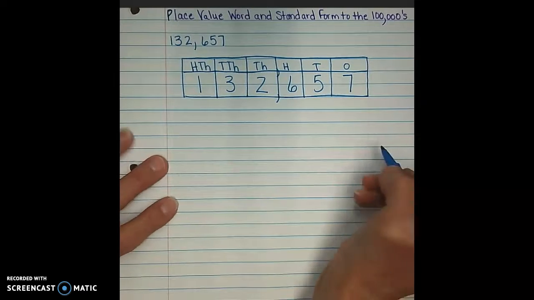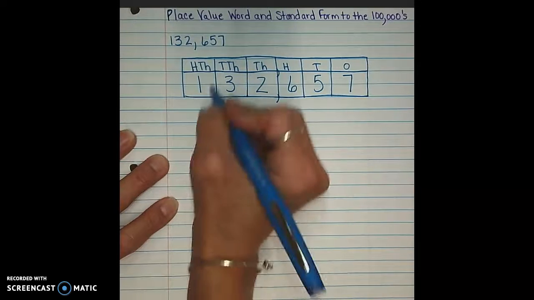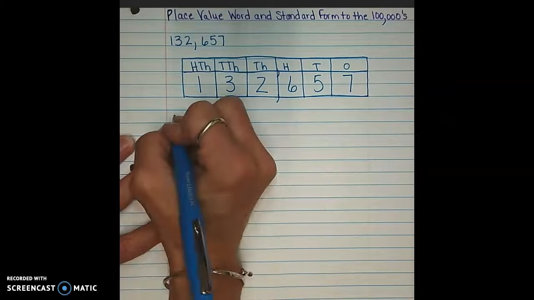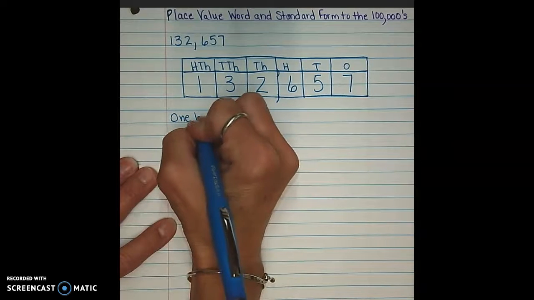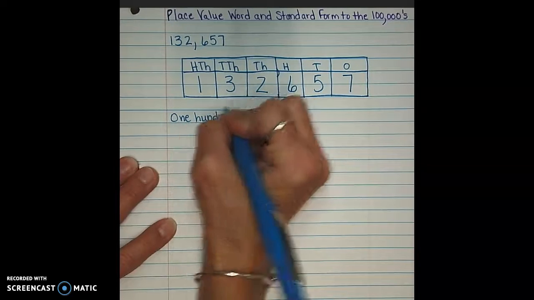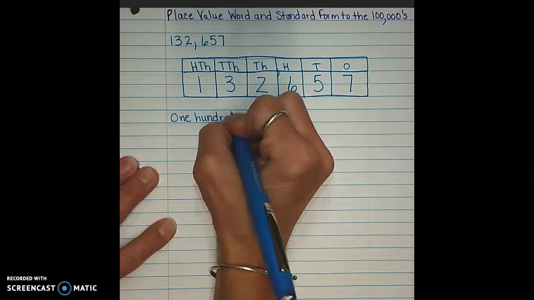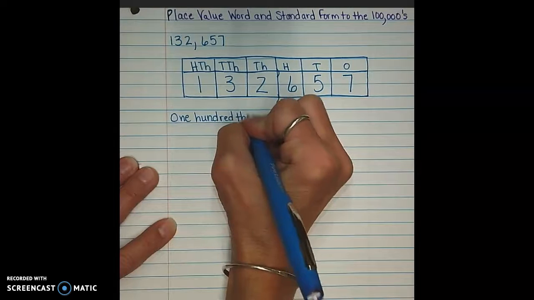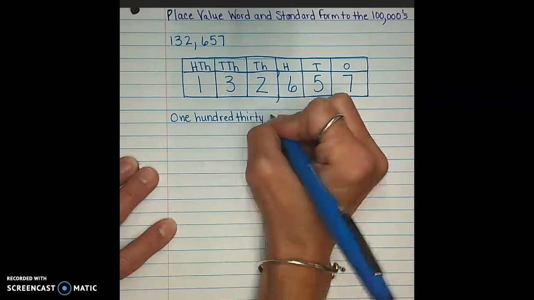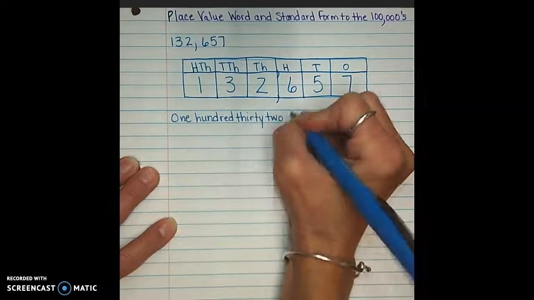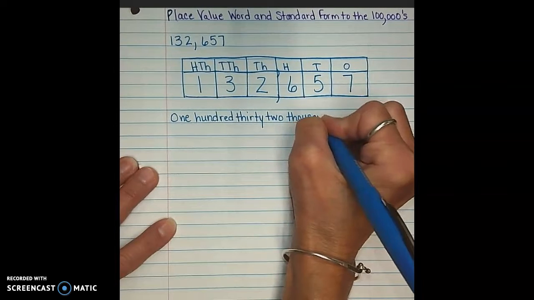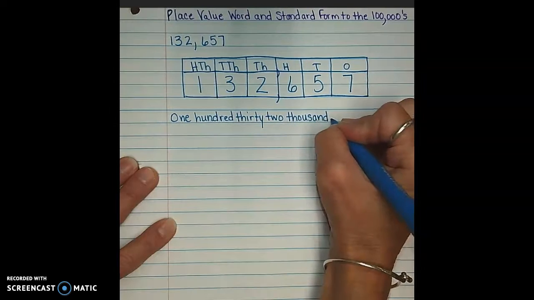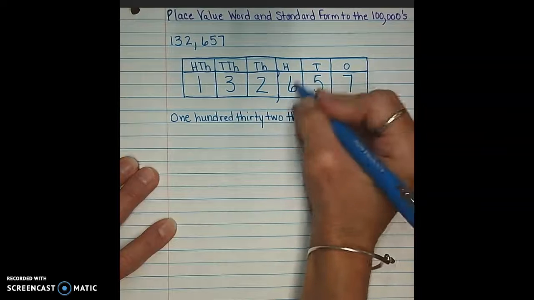So I start in the thousands period and I go 132,000. Then I go to my ones period.